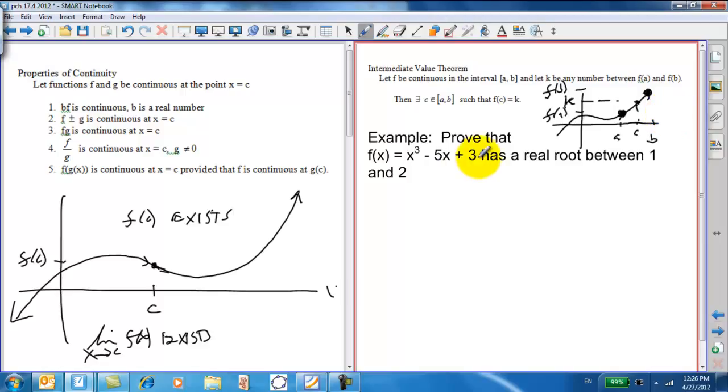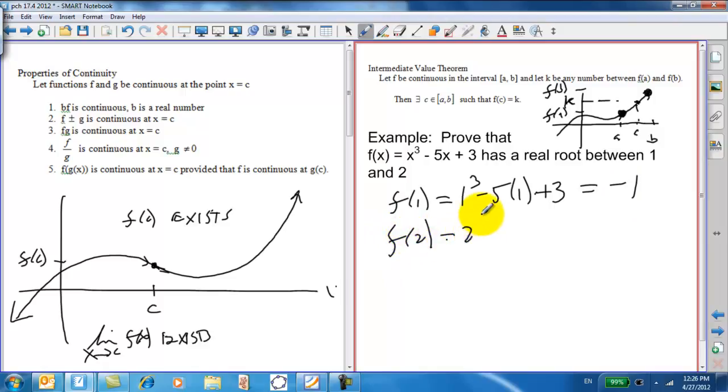So we can use the intermediate value theorem to prove that x cubed minus 5x plus 3 has a real root between 1 and 2. Well, let's look at f of 1. f of 1 is 1 cubed minus 5 times 1 plus 3, and that's equal to negative 1. f of 2 equals 2 cubed minus 5 times 2 plus 3, and that's 8 minus 10 plus 3, which is equal to positive 1.